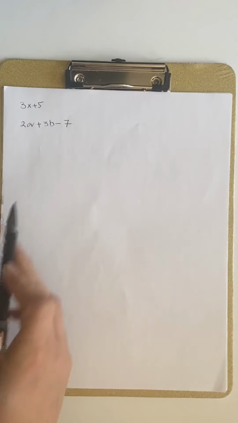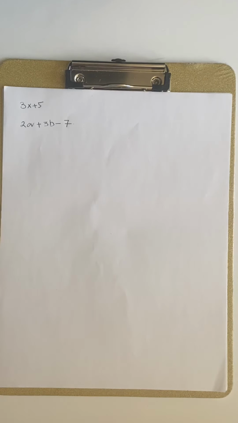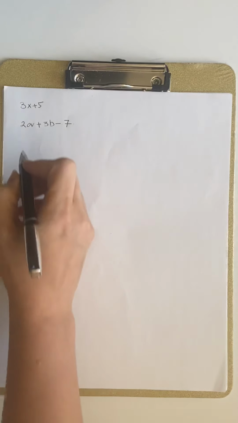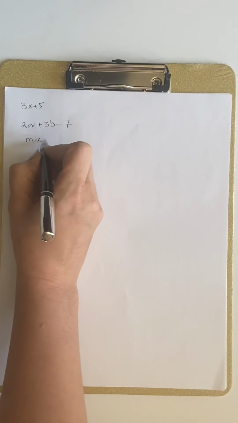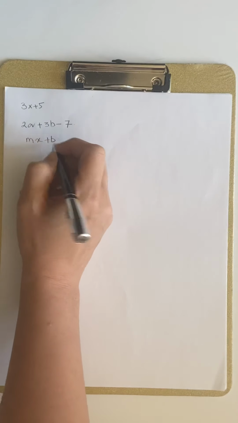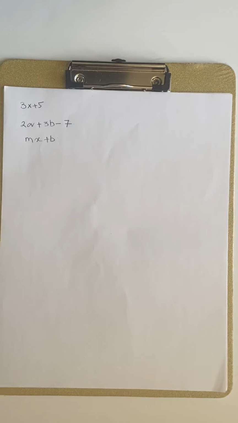This is another variable expression. This is a very famous one, which we will study later, mx plus b. So, the letters of the alphabet that you see in algebra are called variables.